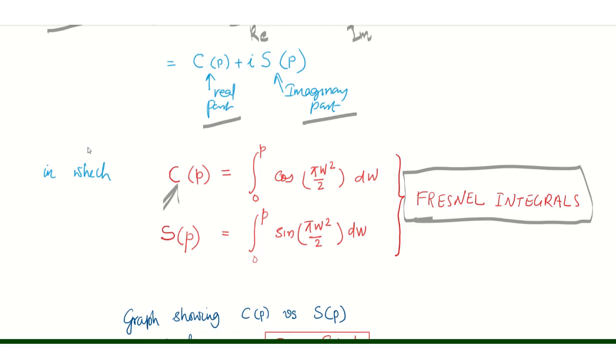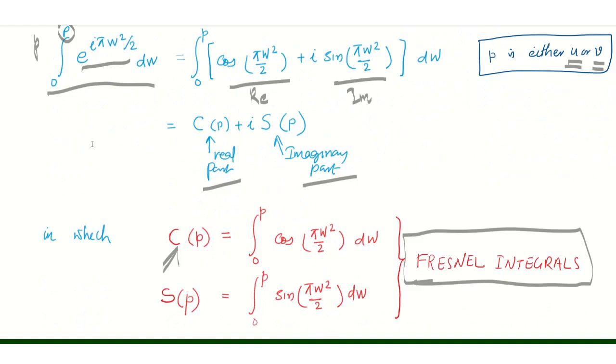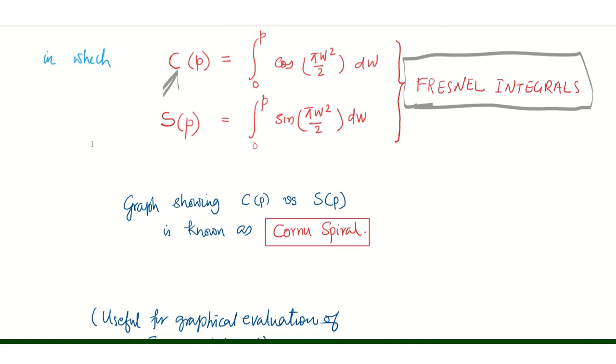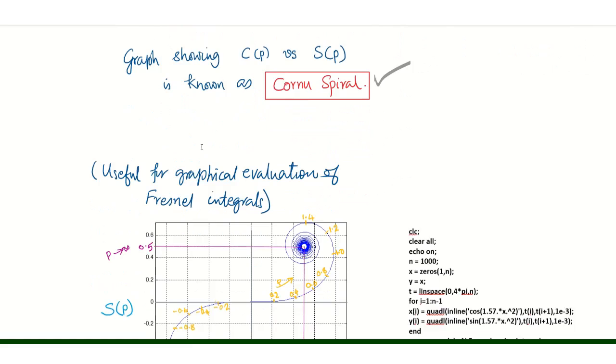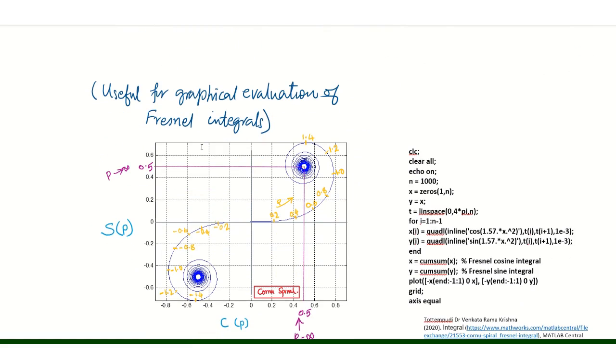Remember, it starts from the Fresnel formula. We have made certain assumptions, and then straight away you got Fresnel integrals. Now we can plot Sp against Cp, and there we get something called Cornu spiral.